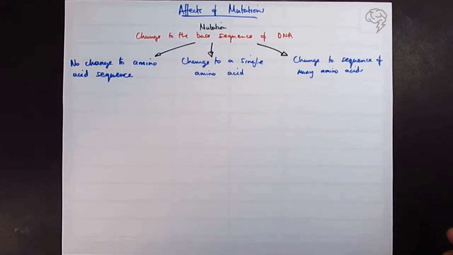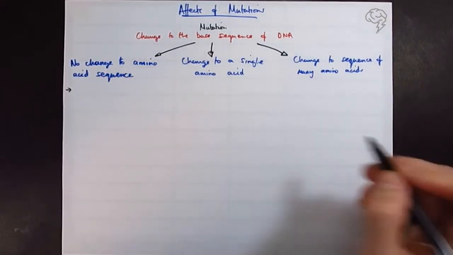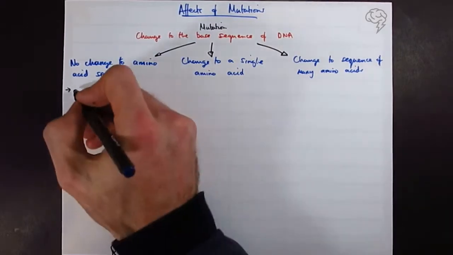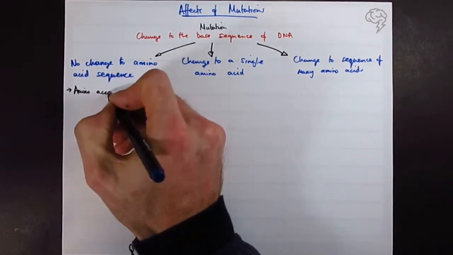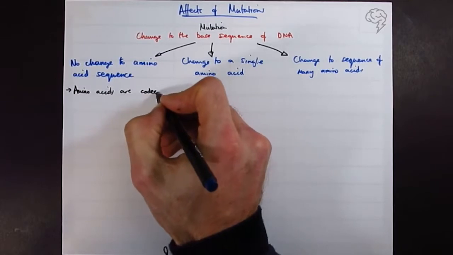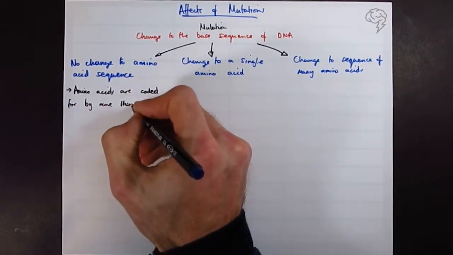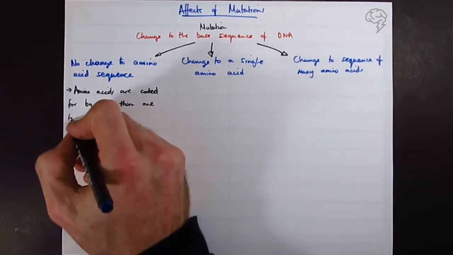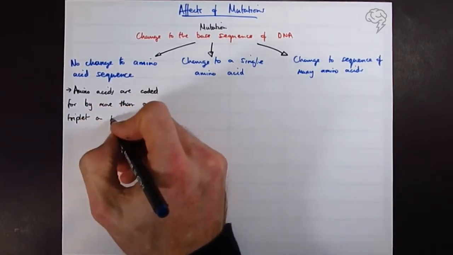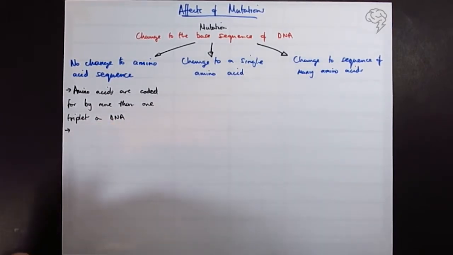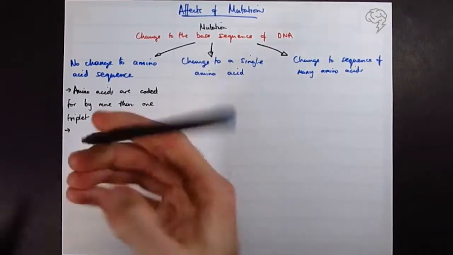So these are the three options. How can we bring about no change to the amino acid sequence? Well, amino acids are coded for by more than one triplet. There's more triplet combinations than there are amino acids. The word for this, which AQA students should definitely be aware of, is that DNA is degenerate.